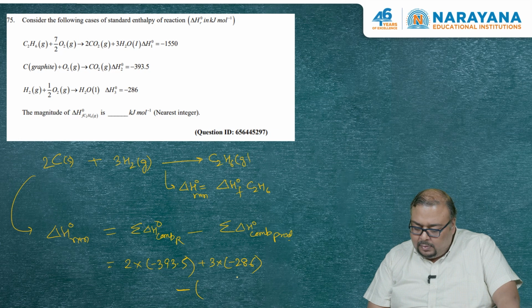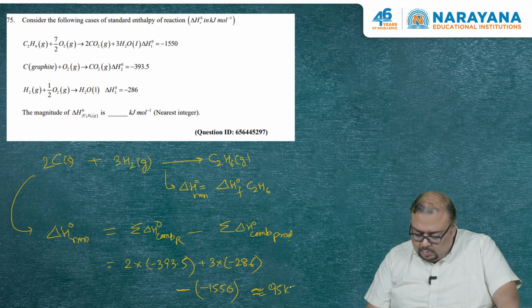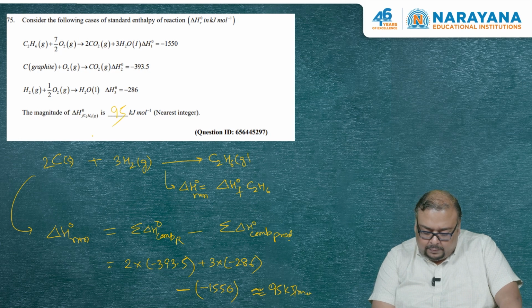On the product side, you have got C2H6 whose combustion enthalpy is minus 1550. Okay, so if we do this calculation, then the value will come close to 95 kilojoules per mole. So the answer should be 95.